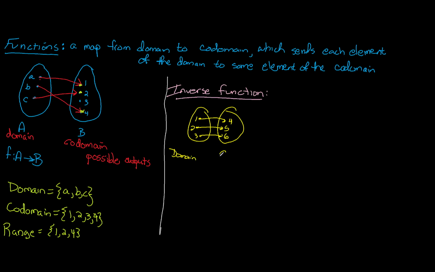In this case, our codomain is equal to our range, and that's the set 4, 5, 6. So we had a function that went from 1, 2, 3 to 4, 5, 6.